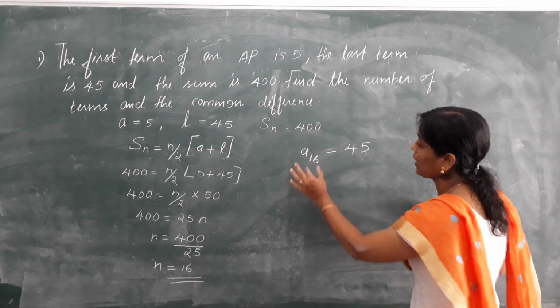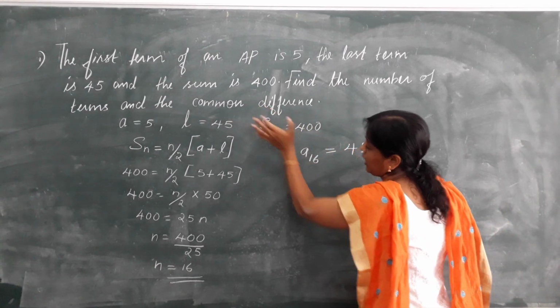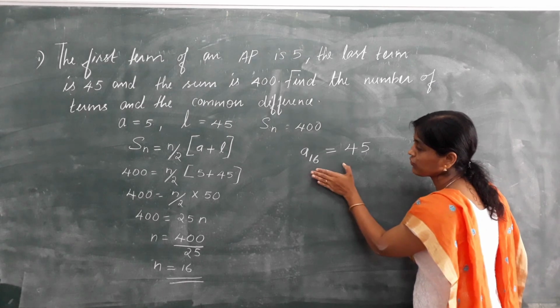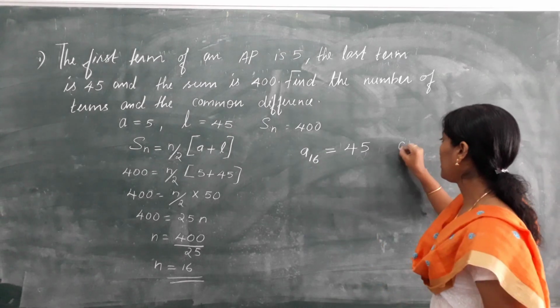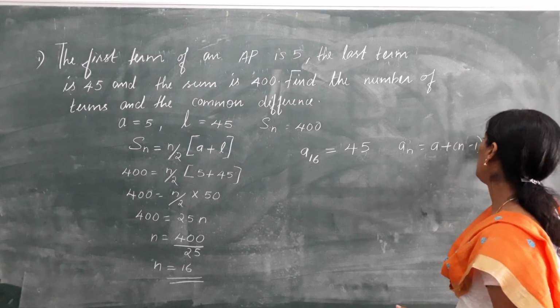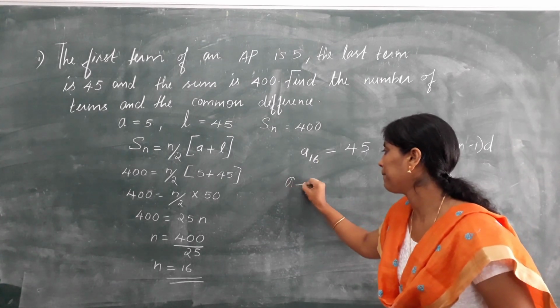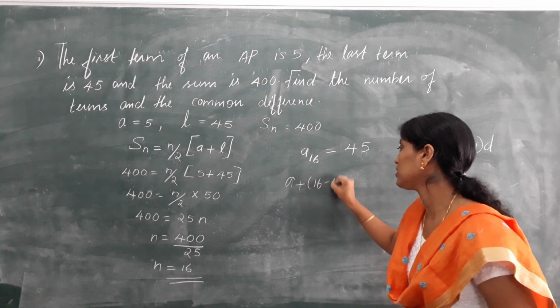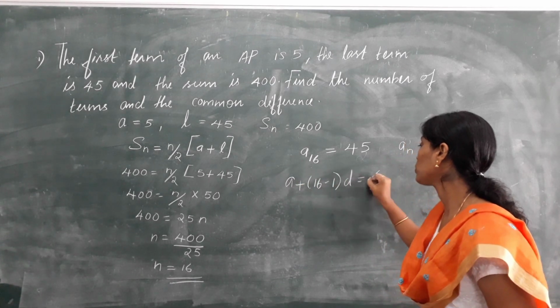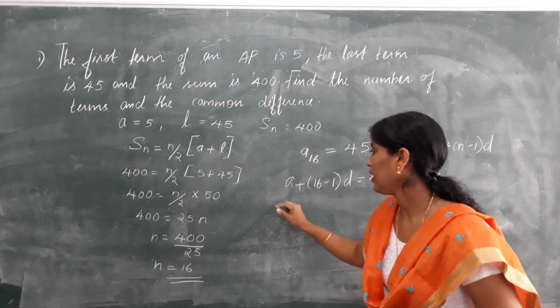So, taking a16 is equal to 45, we are going to get the common difference. Here we are going to use the formula of the nth term: an is equal to a plus n minus 1 into d. So, using that, a16 can be written as a plus 16 minus 1 into d, that is equal to 45. Again we give the value of a here. a is 5.